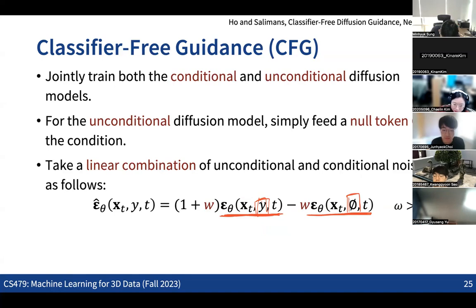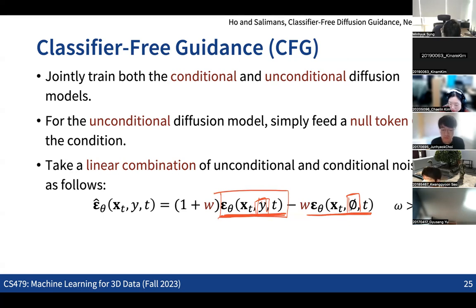So if you make this w equal to 0, then we are just taking the noise from the conditional input as the noise to use in the reverse process.